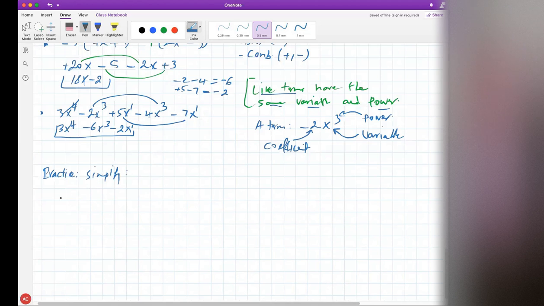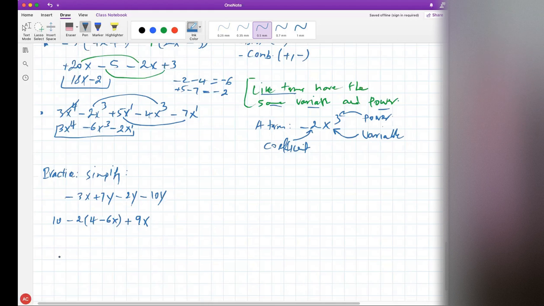So simplify, and you'll see a bunch of terms here, negative 3x plus 7y, for example, minus 2x, minus 8, or 10y. Maybe also 10 minus 2 and 4 minus 6x plus 9x.